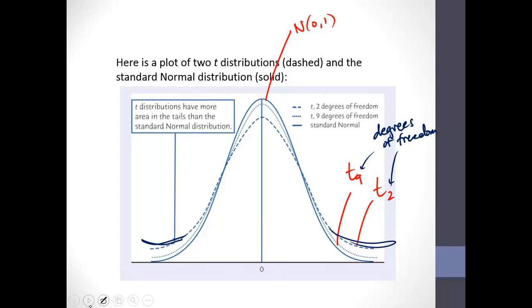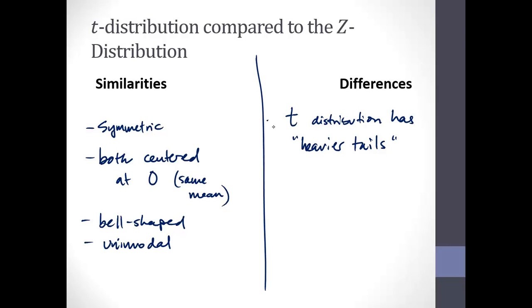So that's the main difference, but also note that the t distribution depends upon the degrees of freedom.